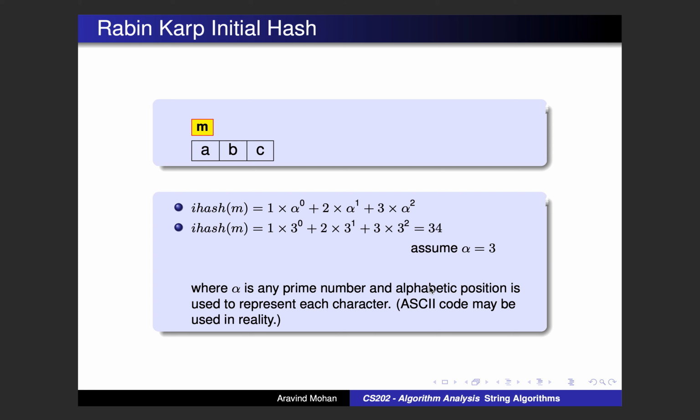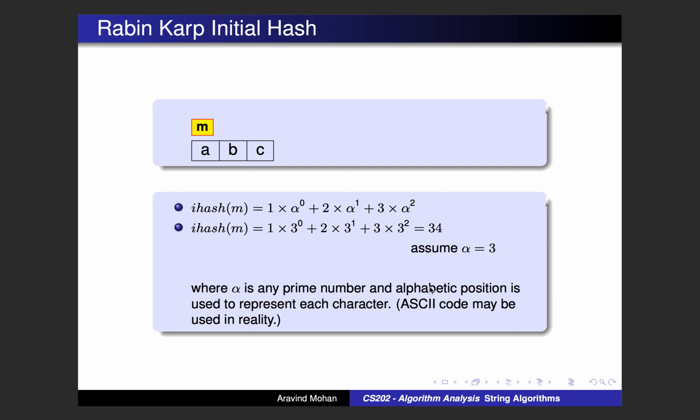Given a string with a bunch of characters, let's say A, B, and C, the initial hash is simply taking the number representation of each character. Here we are using the alphabetic order, so A has the number 1, B is 2, and C is 3. Then we multiply each with the power of alpha, where alpha is simply a prime number, which can be any prime number.